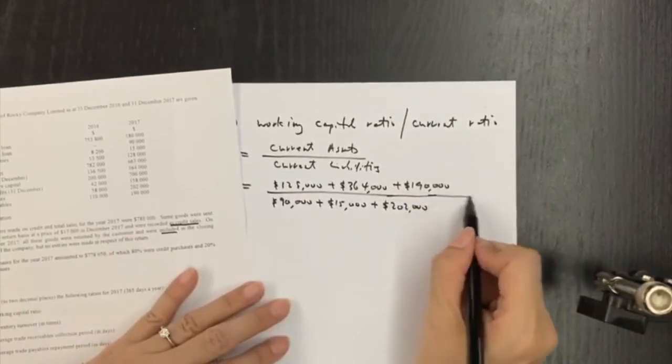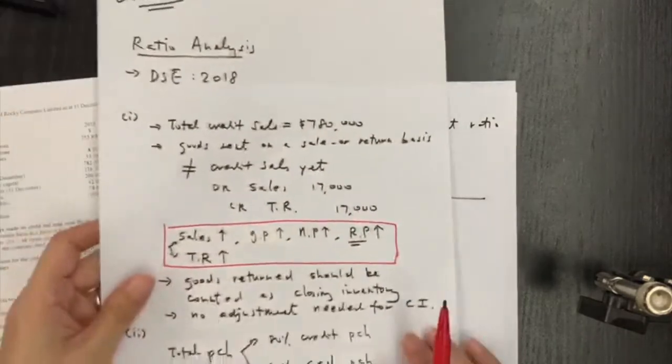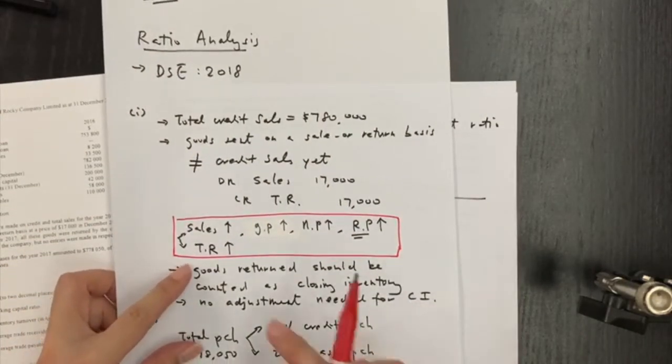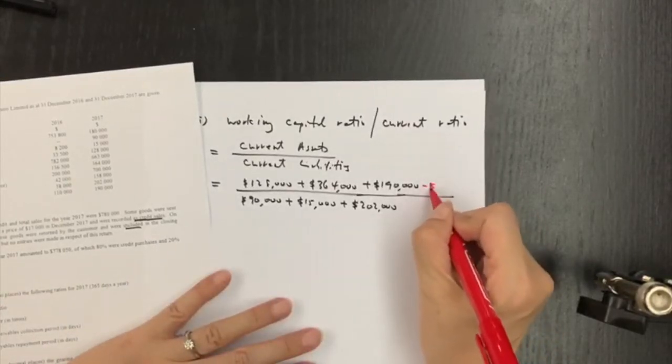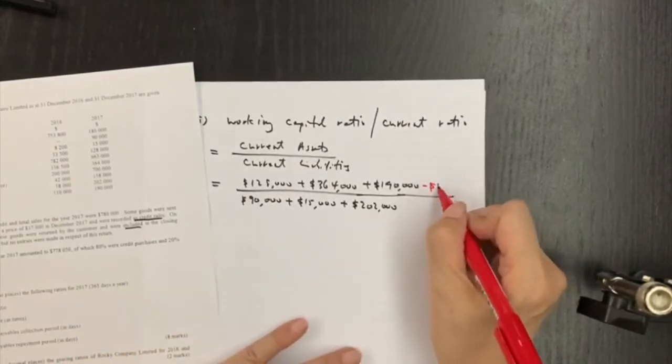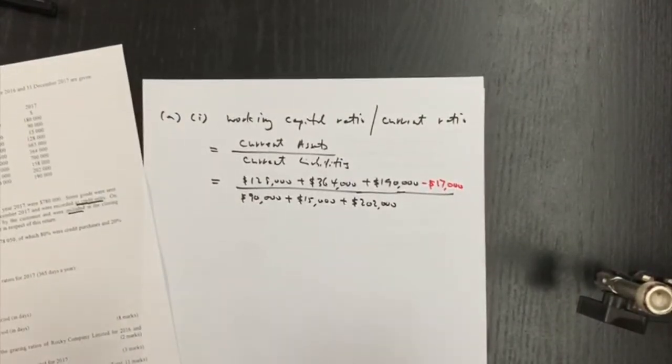However, in point number 1, what is the adjustment? We have trade receivable, which is overstated like this. This is the analysis we had before, right? Trade receivable is overstated, so that means I need to minus the goods sent on sale or return basis. So that's all the steps for calculating the working capital ratio.